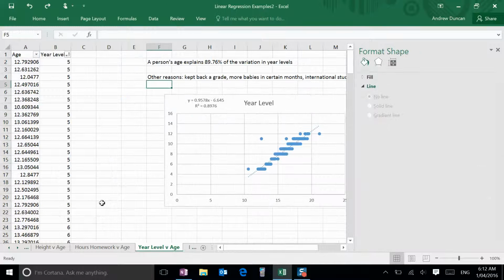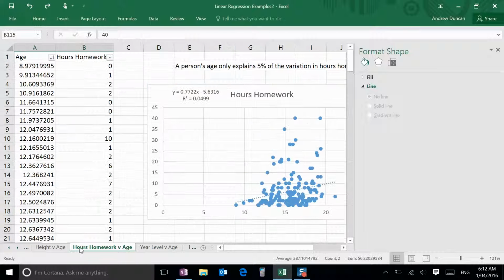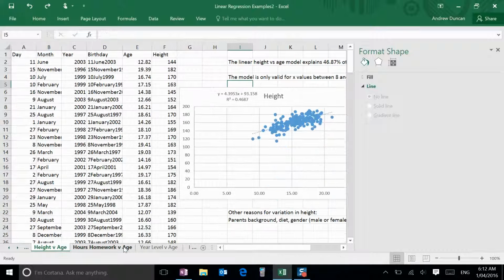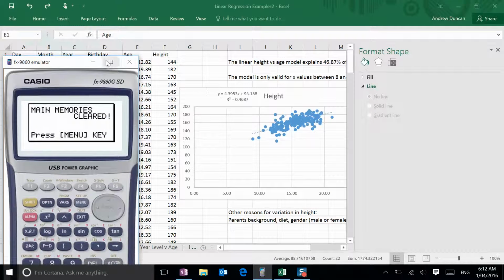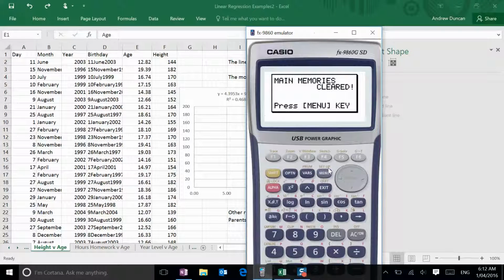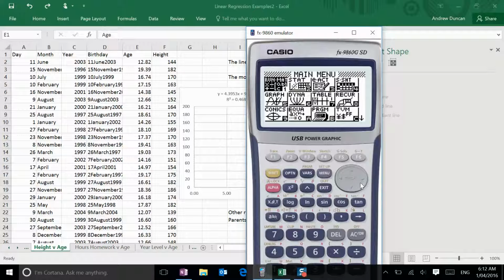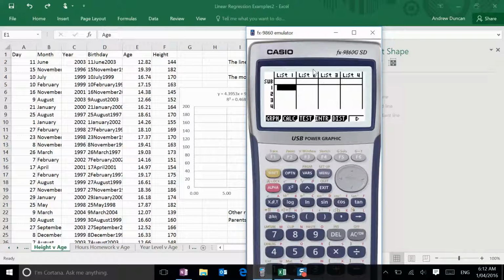Last thing I just need to quickly show you is how to use a graphics calculator to do this. So I'll choose this age versus height. I'll only fill in this amount of data because you don't get many YouTube likes by just entering data all day. Okay, so I'll enter my data into the stat menu. I'll just type a few of these lines of data in.